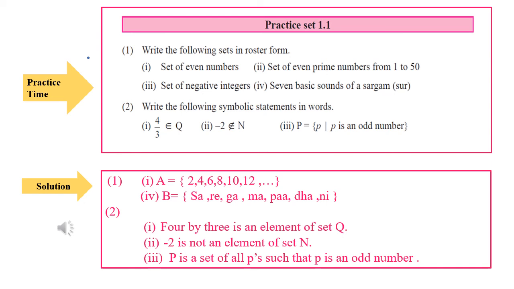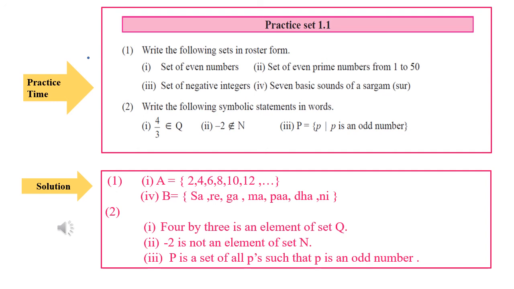Okay. Next, 7 basic sounds of sargam, that is sur. So here you will have to write down the names of the sargam. So we will write sa, re, ga, ma, pa, dha, ni in brackets. You will see that in the solution, okay?